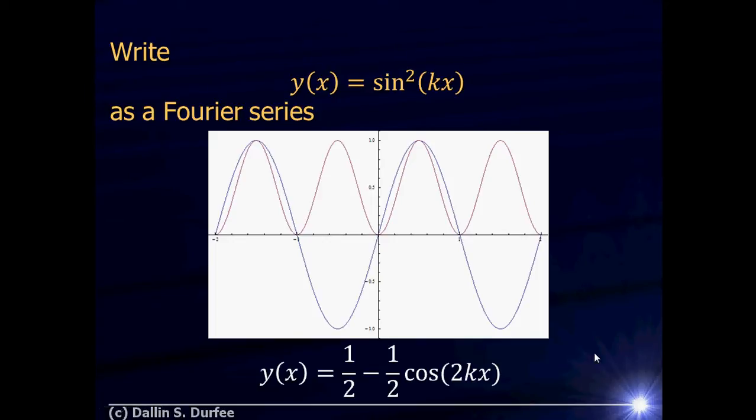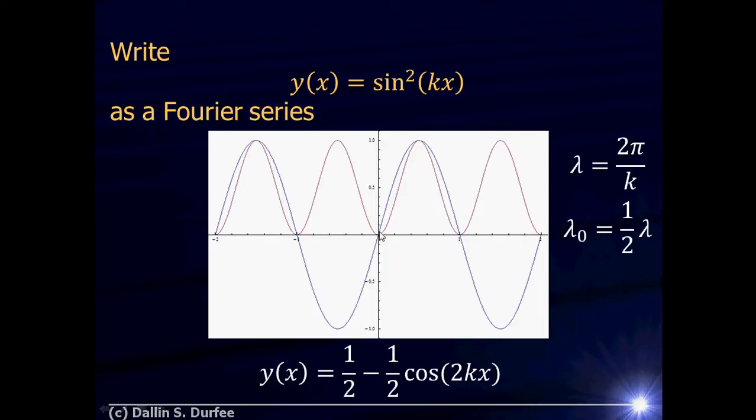I could just write that down and be done, but let's actually work through the problem and do the Fourier series mechanics. The first thing to note is that sine of kx has a wavelength of 2 pi over k, which means the fundamental wavelength over which my sine squared function repeats is half of that.